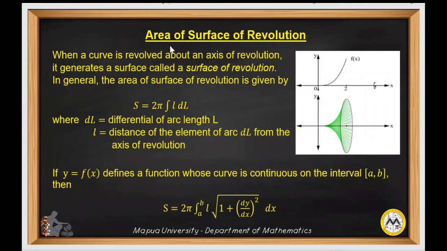The discussion on area of surface of revolution is actually a continuation of the discussion on finding the length of the arc.